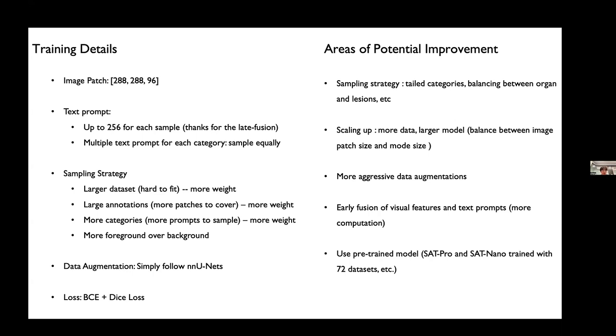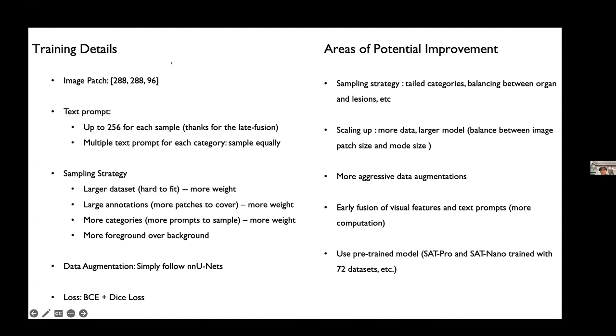We also give more weight to samples with more categories because there are more prompts to sample from, and we sample more on the foreground data than the background. For data augmentation, we simply follow the nnU-Net configuration, and we use BCE loss and Dice loss to train the model, which I think we are all familiar with.